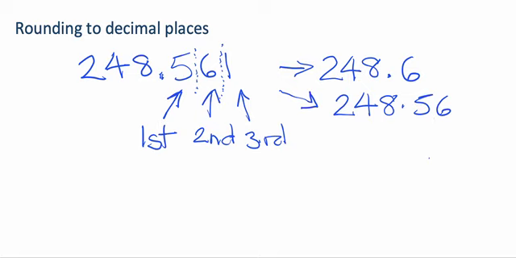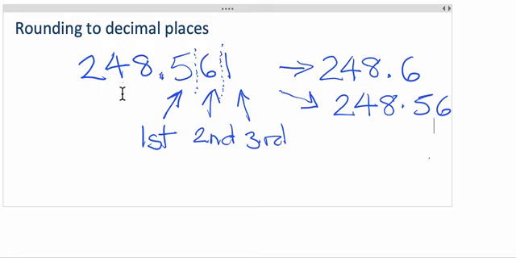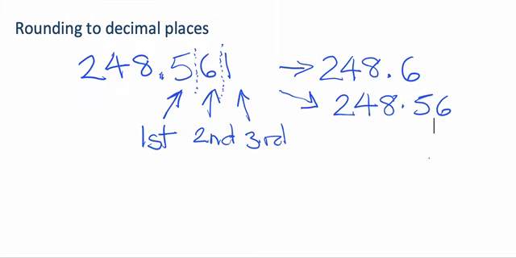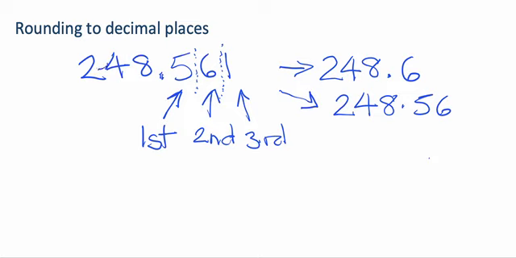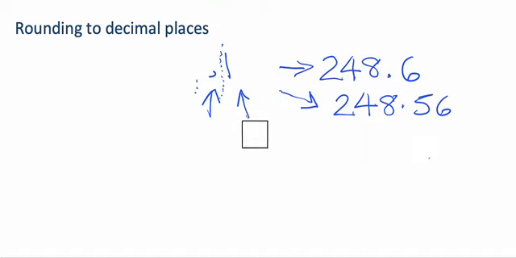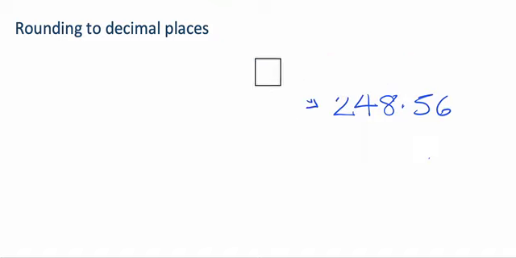So what I'd like you to do is to have a look at an example. Let's see if we can do it. Let's erase all of this for the time being.